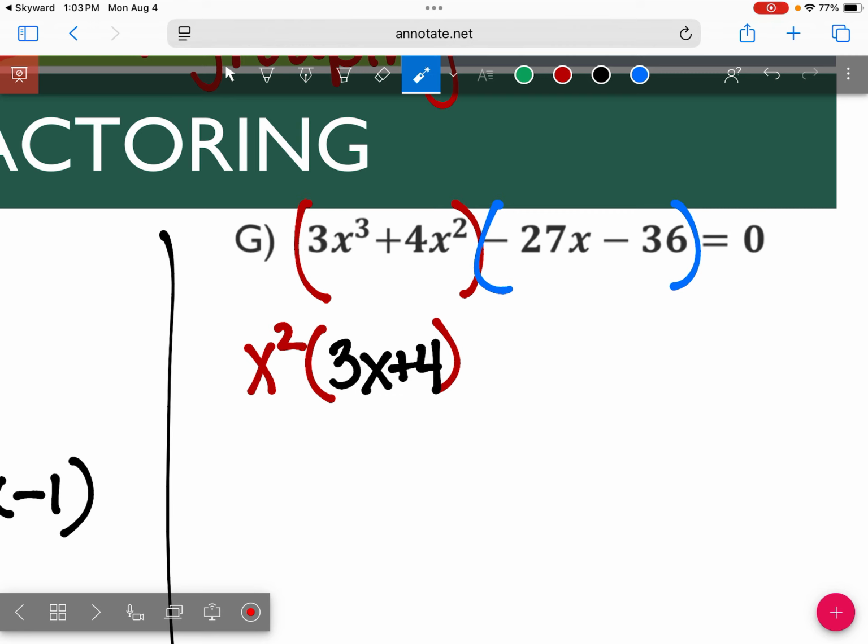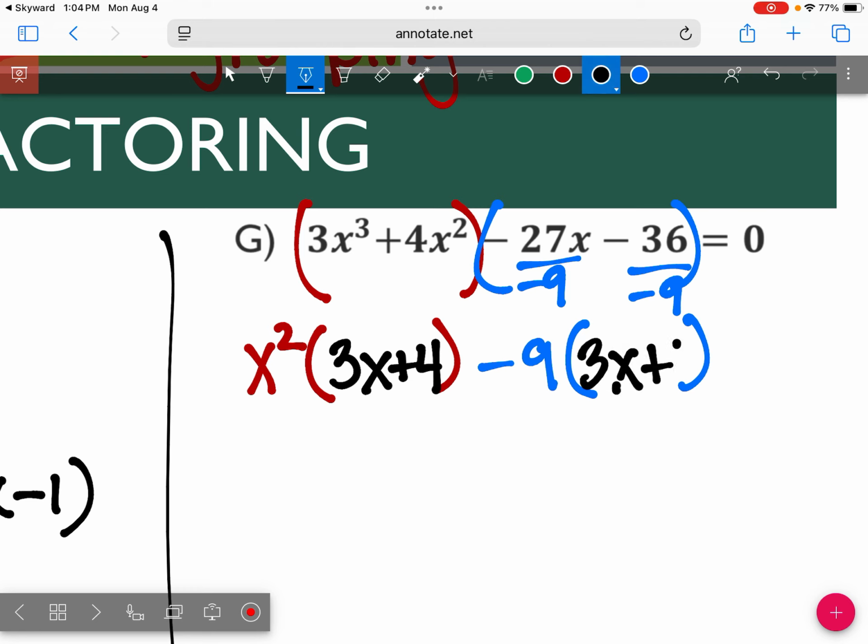Can you remind me of your name? Sachi. Negative 9. Good job. So if I divide both of these by negative 9, then I get the same thing, which is 3x plus 4. So one of my factors is 3x plus 4.